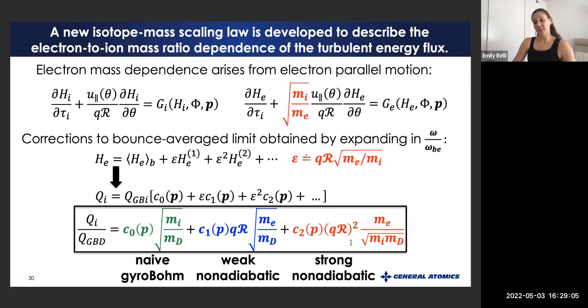And this term is mostly illustrative, as we expect the asymptotic series to diverge in the strong non-adiabatic regime. But nevertheless, it illustrates that reversal from naive gyroBohm ion mass scaling, or ion flux decreasing with increasing ion mass, can occur when the finite electron-to-ion mass ratio corrections from the strong non-adiabatic term dominate.